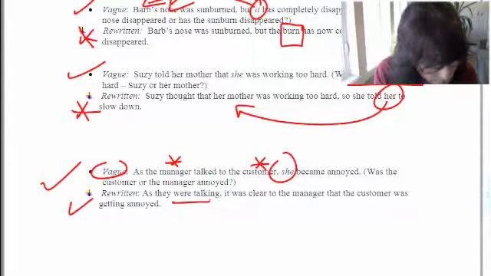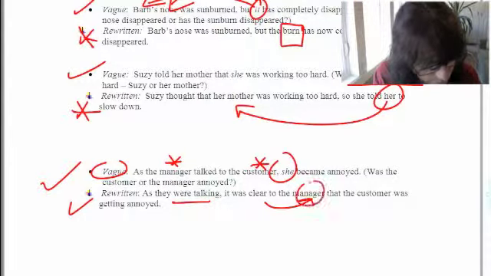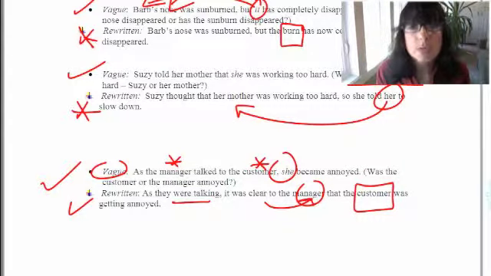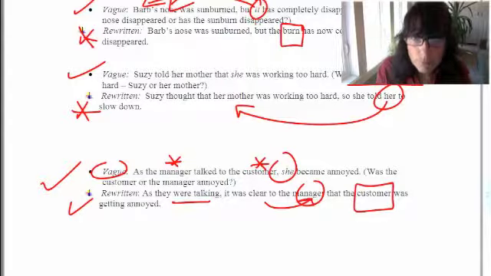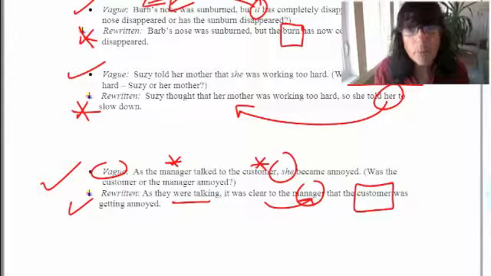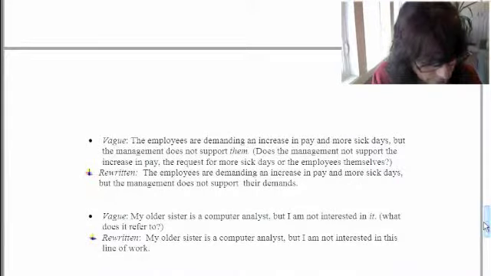So you know two people are conversing, and now it's clear to the manager that it is the customer who's getting annoyed. So sometimes pronouns don't work. You have to remove them, rework the sentence, and maybe add more nouns as opposed to pronouns. But pronouns do work if you don't want to be repetitive, but be careful that it's clear.